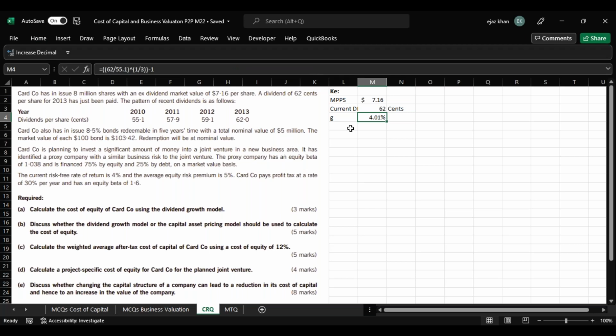One thing you should remember is that we only use the historic growth rate in case we do not have any expected growth rate in the question. If the question clearly gives us the future growth rate, the expected growth rate, we should use that. But in case we do not have any future growth rate in the question, we should calculate the historic growth rate and assume that the dividends will grow at the same rate as over the last few years.